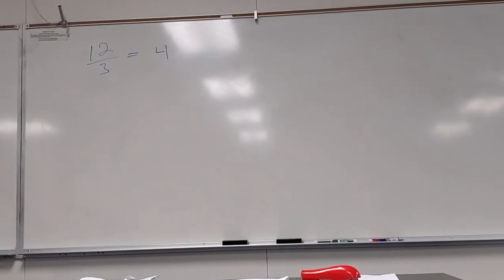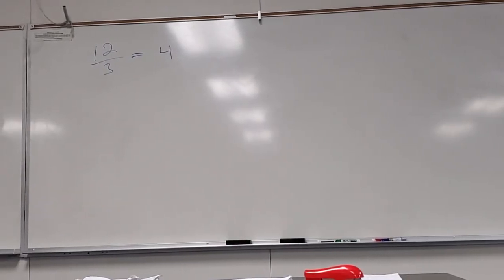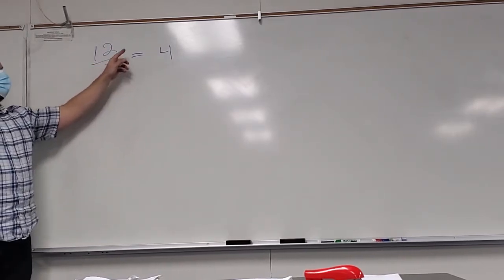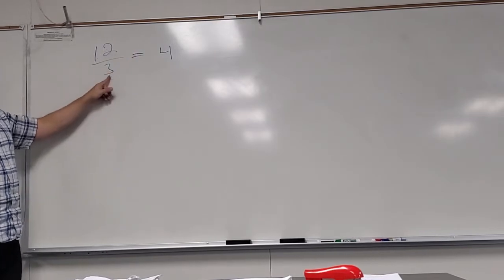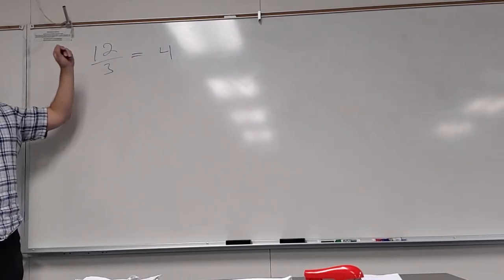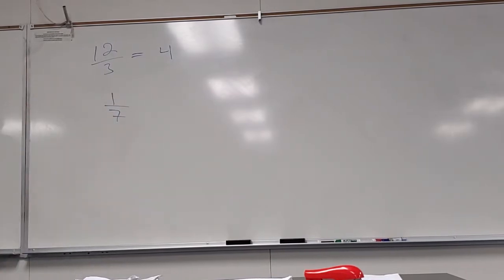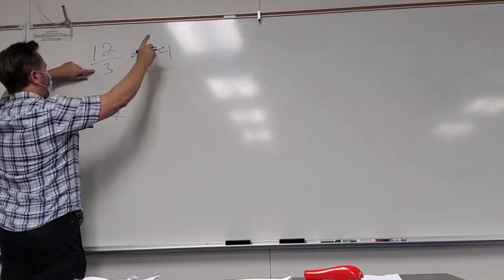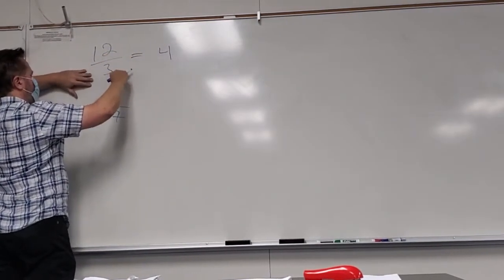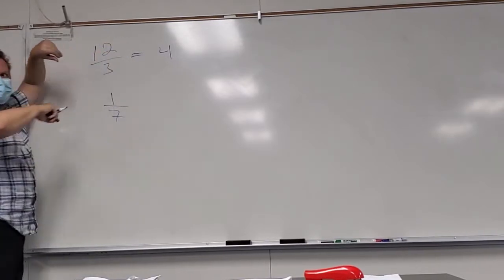Now what I really want you to get from what I just said is that's what basically every ratio means. So 12 over 3 is the number that it would take 3 of to make 12.